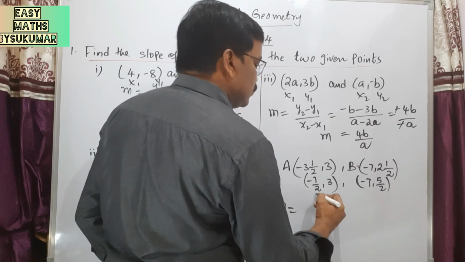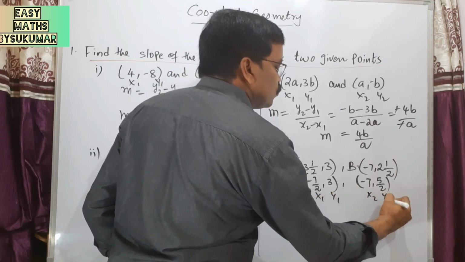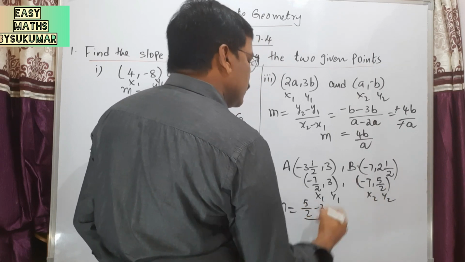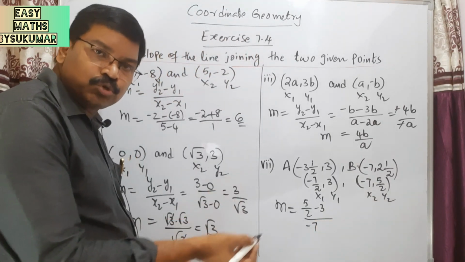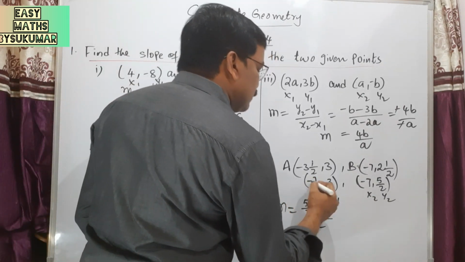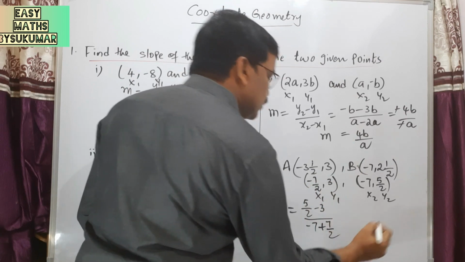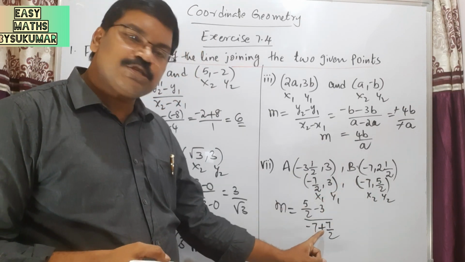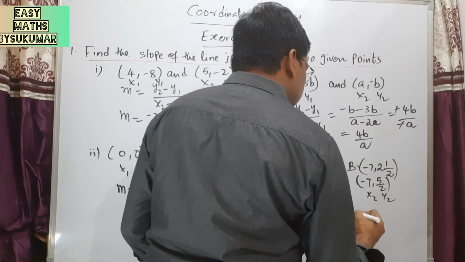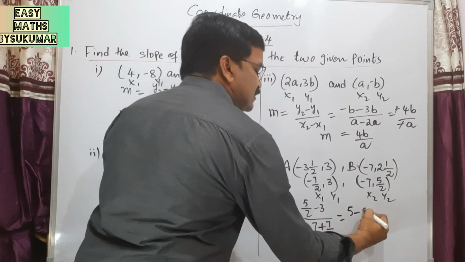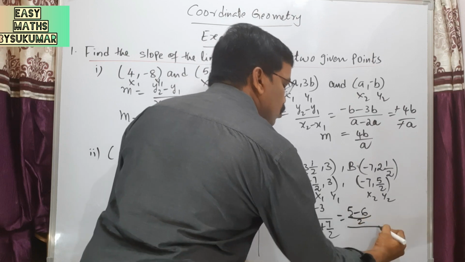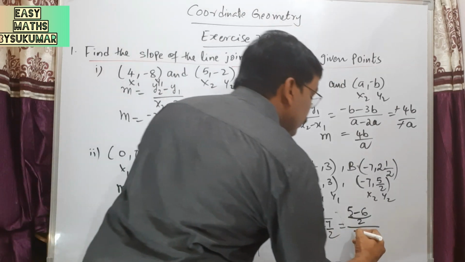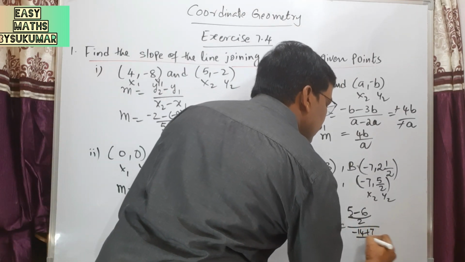Now slope m is equal to, this is x1 y1 x2 y2, that means 5 by 2 minus 3 by minus 7 minus x1. x1 is minus 7 by 2, so here plus 7 by 2 will come. Okay, understood. So students, here this is 5 minus 2 3s are 6 by 2, whole by 2 7s are 14, minus 14 plus 7 by 2.